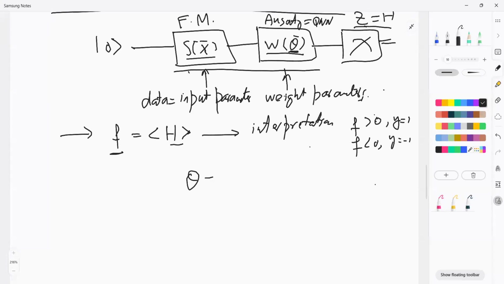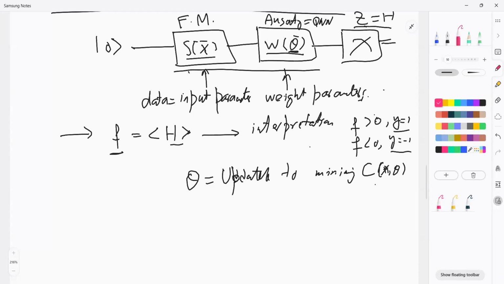The parameters have to be updated to minimize some cost function that depends on x and theta, so that we are able to correctly identify the labels.